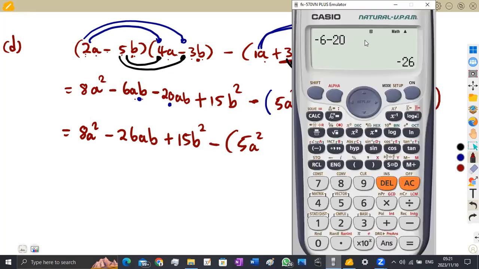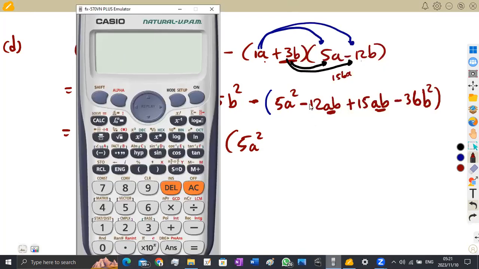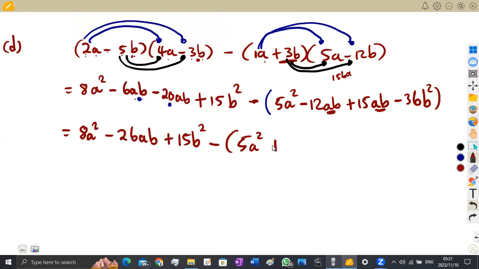So from our calculator here, we need the value of negative 12 plus 15. That's negative 12 plus 15 like this, which is going to be a positive 3. So that is going to be a positive 3ab like this. All right, minus 36b squared. This one cannot be added to any term from this part. It's an unlike term that we see.